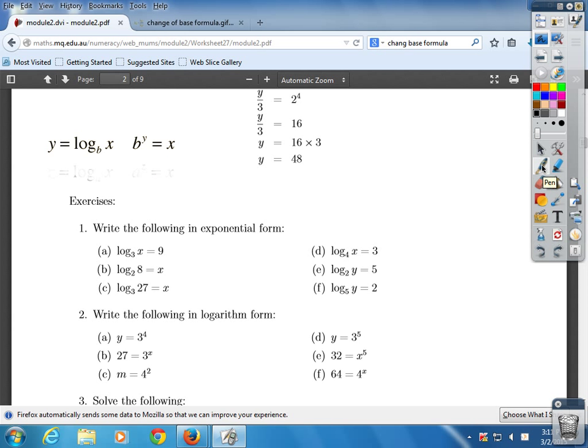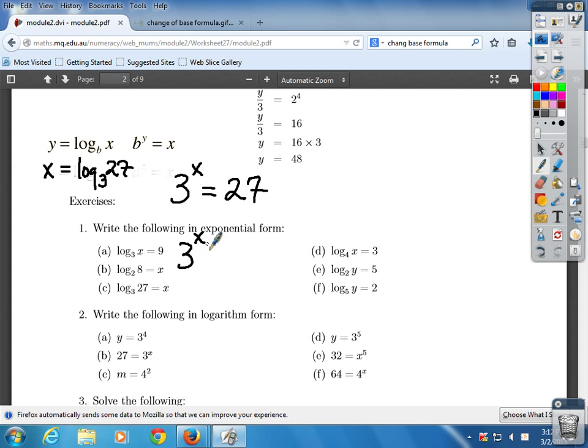So our next problem says x is equal to log base 3 of 27. So 3 to the x is equal to what? 27. So we've got to write 27 in respect to 3.